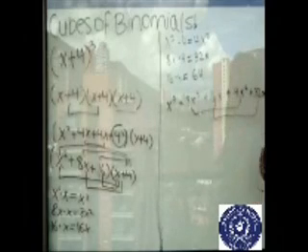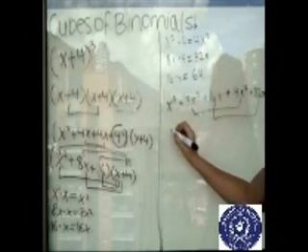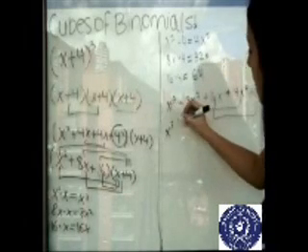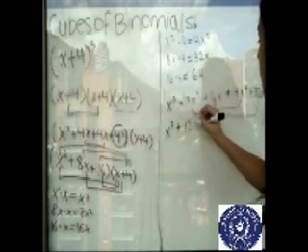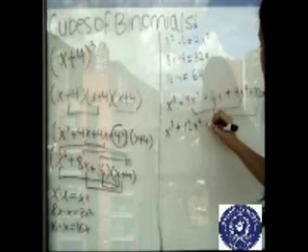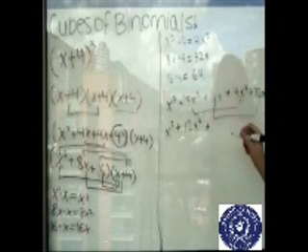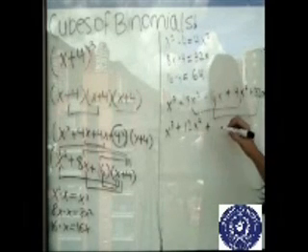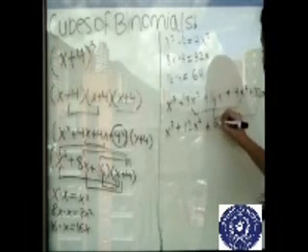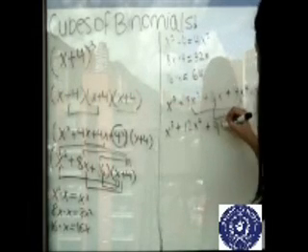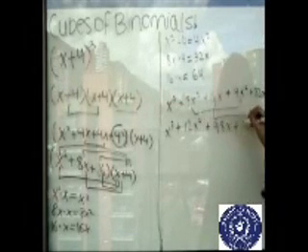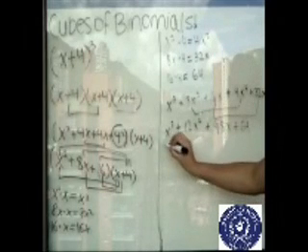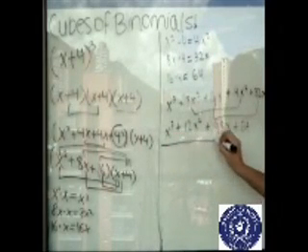So 8x squared plus 4x squared is 12x squared. Plus 16x plus 32x equals 48x. Plus 64. That's our final answer because we can't solve anything else.